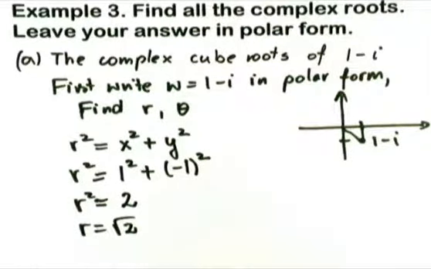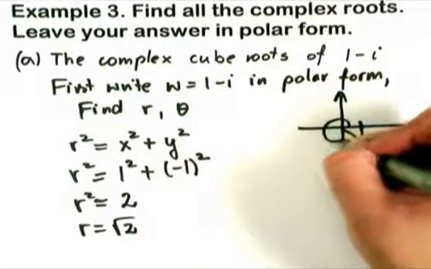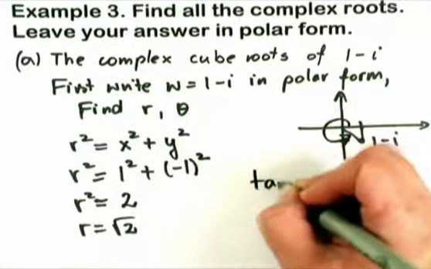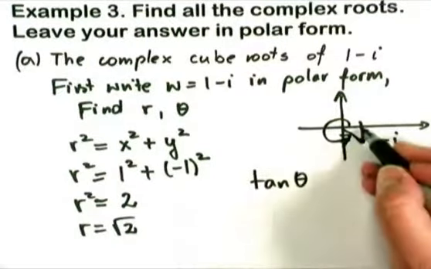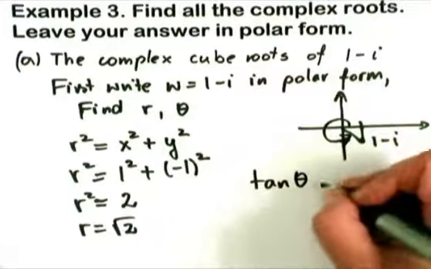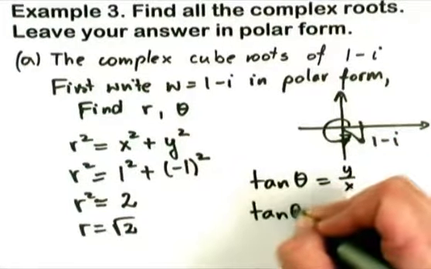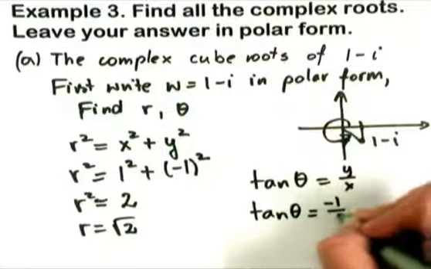Square root of 2. And now my theta, we need to find this theta, but we can use the reference angle. So tangent of theta is y over x. So tangent theta, we can go with negative 1 over 1.